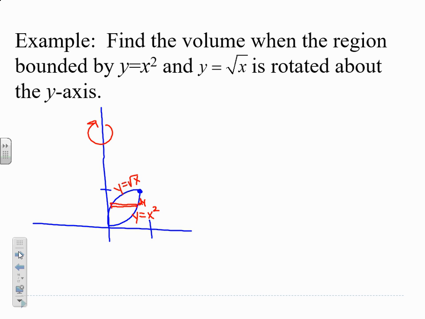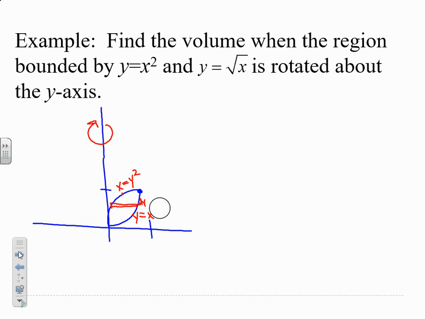Okay, now, if we're going to be using dy, we don't want y equals radical x and y equals x squared, do we? No. Y equals radical x, we would instead rewrite as what? X equals y squared, okay?